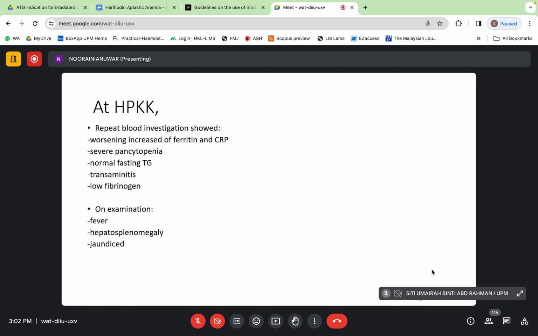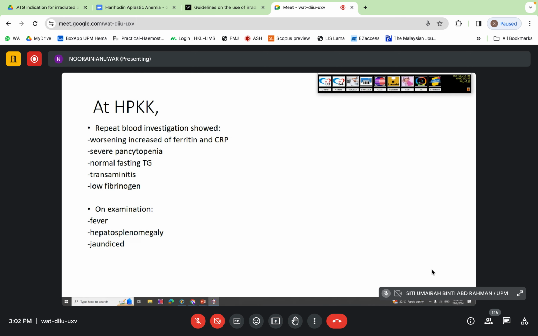From the clinical point of view, they suspected that this patient was having HLH, and referred to us, pathology, for bone marrow to look for hemophagocytic activity. So at our site, we did the bone marrow, and I will show you the morphology.